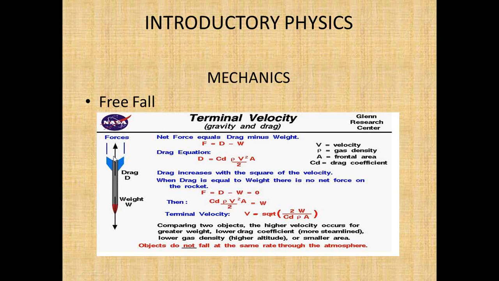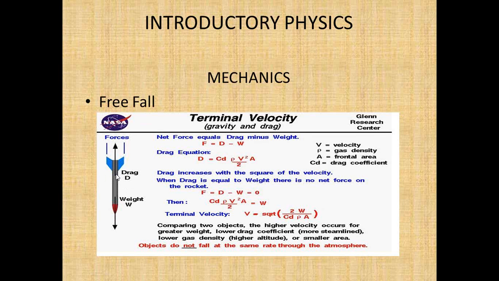When we talk about drag, the things that influence drag are the density of the air, the velocity of the object, the area of the object, and what we call the drag coefficient. You don't have to remember this, but just remember that drag is pulling the rocket upwards.